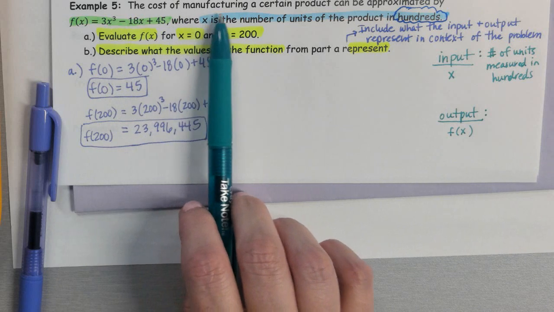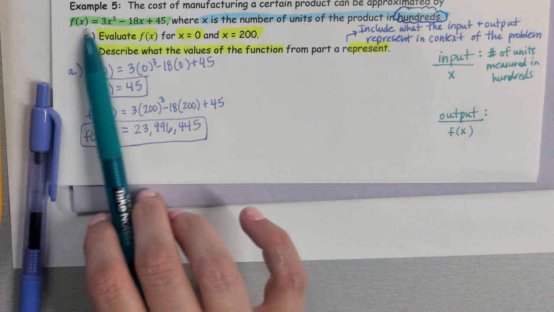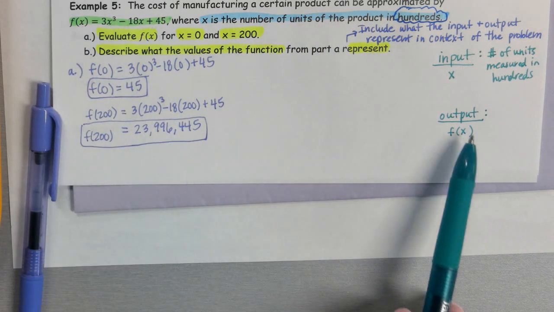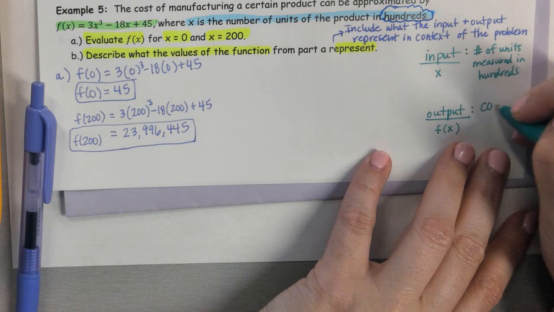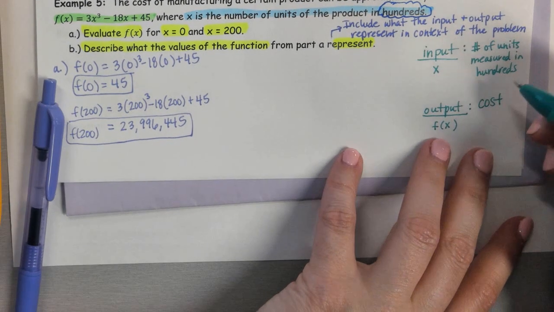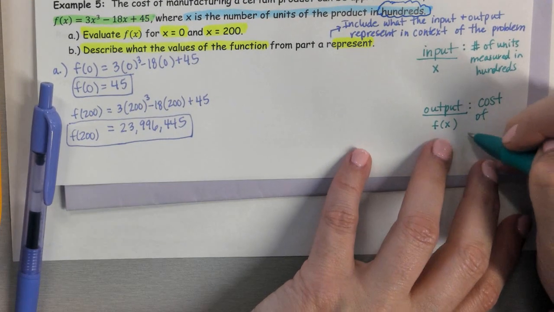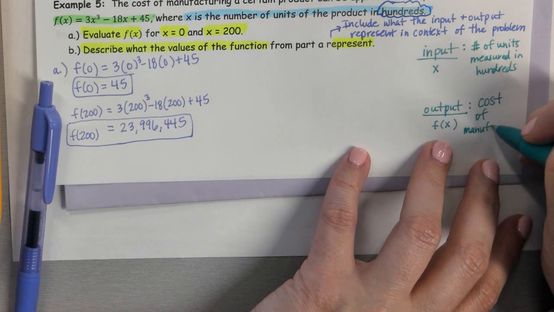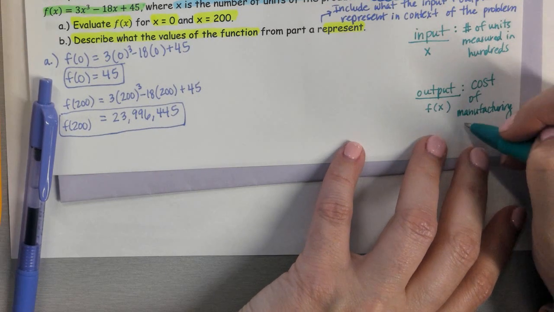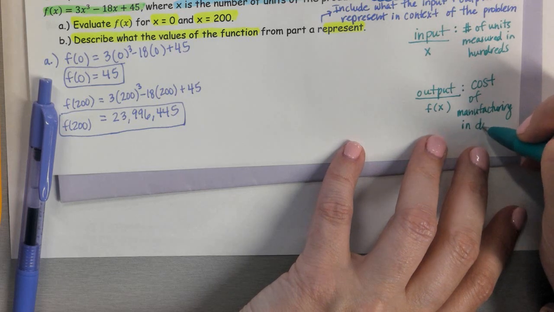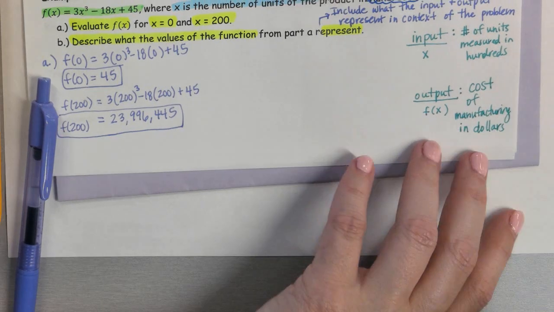The cost of manufacturing a certain product can be approximated by, so the output represents the cost of manufacturing, and the cost is measured in what? If it doesn't say, it's going to be dollars.